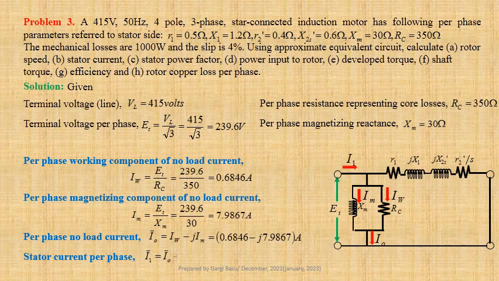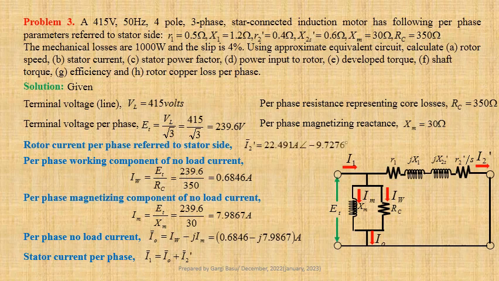Now we shall calculate stator current per phase. I1 equals I0 plus I2 dash. We have determined rotor current per phase referred to stator side, I2 dash equals 22.491 ampere at an angle minus 9.7276 degree. This may be written in Cartesian form as 22.1676 minus j times 3.8 ampere.